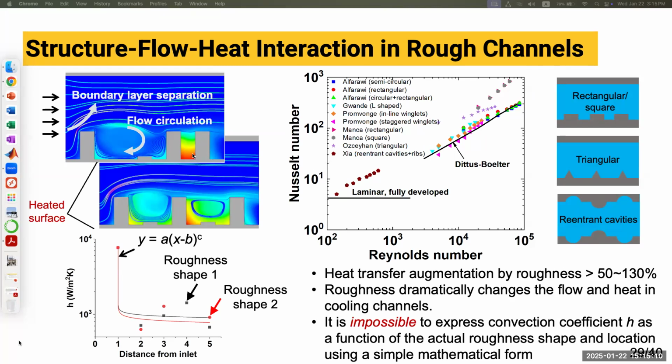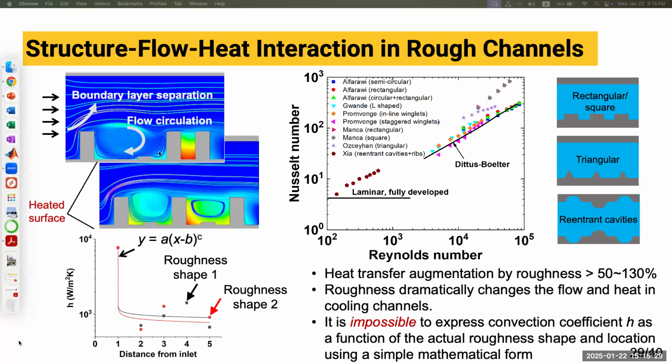So understanding the fluid dynamics and the properties of the rough channels seems to be very important when you design such a system and when you're trying to understand the basic physics.